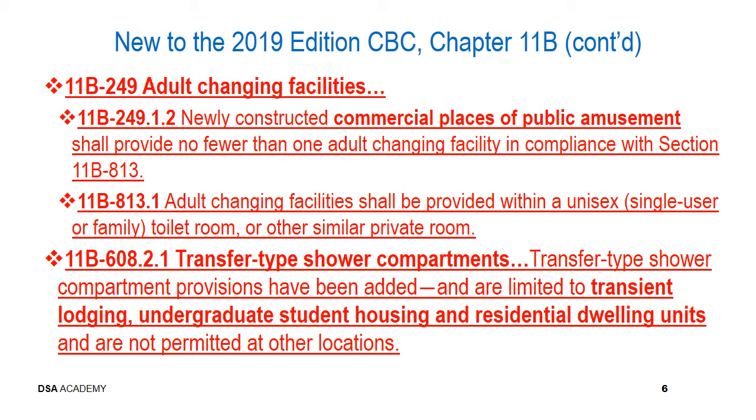What you would see in the scoping section under 11B 249.1.2, it states a minimum of one adult changing facility is required only in newly constructed places of public amusement, complying with Section 11B 813. In Section 11B 813.1, which provides technical provisions, it states adult changing facilities must be provided within a unisex, single-user, or family toilet room or other private room.